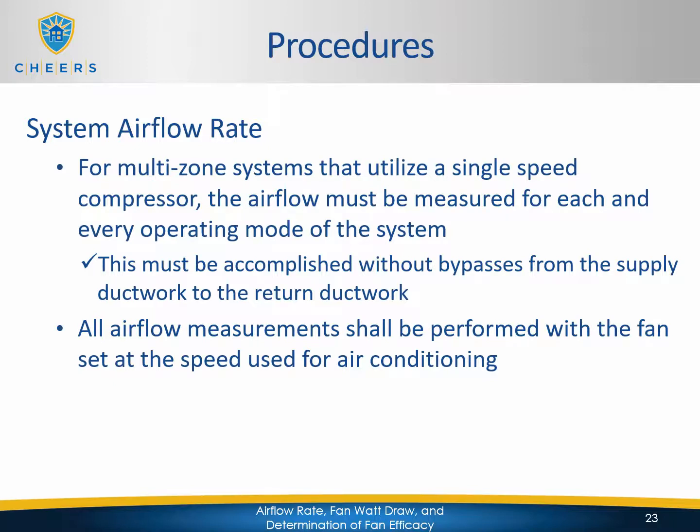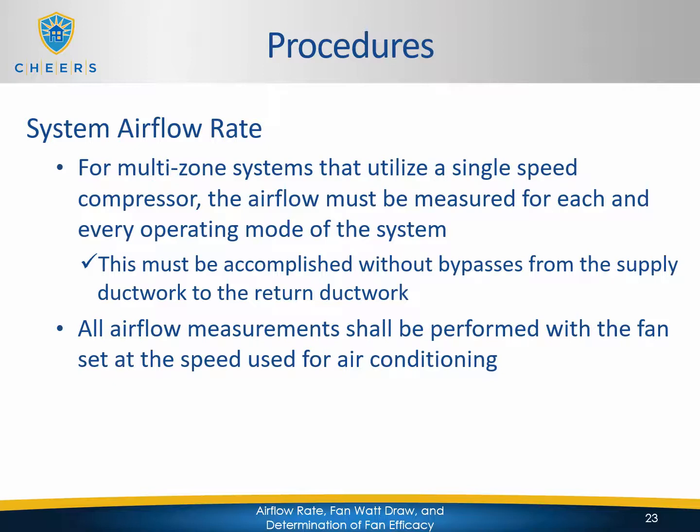So you would test the downstairs only, then you would test the upstairs only, and then you would do a third test with both the upstairs and downstairs operating. Now, each of those modes must meet the 350 CFM per ton, as well as, when you get into fan watt draw, the 0.58 watts. So it's a little more difficult to do when you have just that single speed compressor. If you have a multi-speed compressor on a multi-zone system, you will test it just like a standard non-zone system.